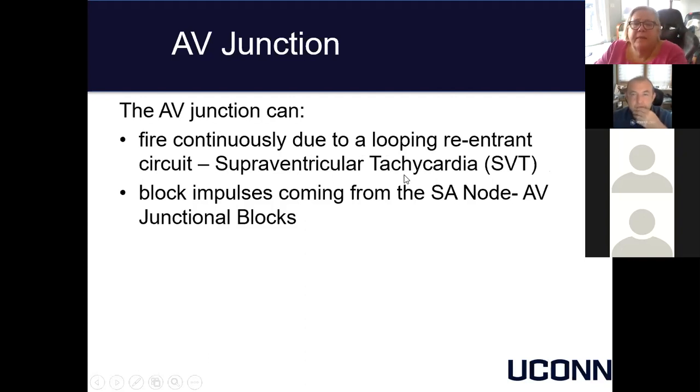Supraventricular tachycardia means it's not starting in the ventricle, it's actually starting in the AV node, which means it's going to be more narrow. The QRS duration is going to be shorter than if it was starting in the ventricle, but it's very fast. And it's not responding to the SA node stimulation. It's doing its own thing, if you will.